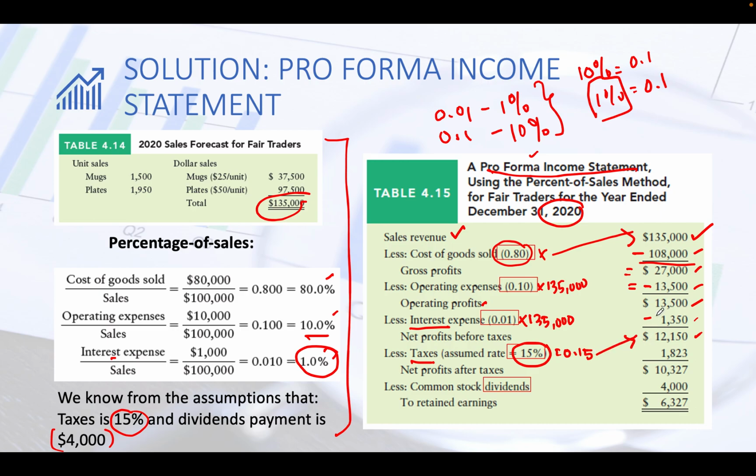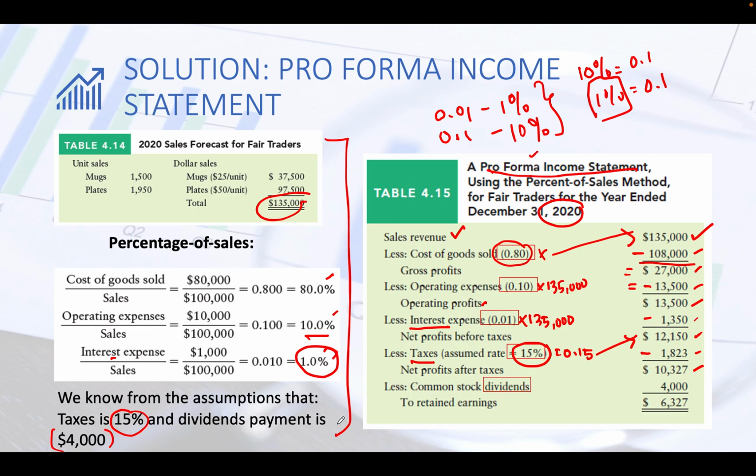Remember, 0.15 times dengan profit before tax. So 0.15 times 12,150, you get 1,823. Then you subtract, you get 10,327.